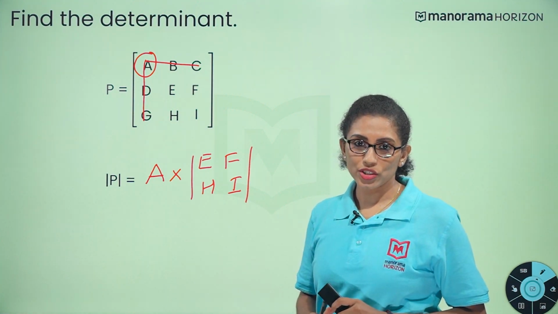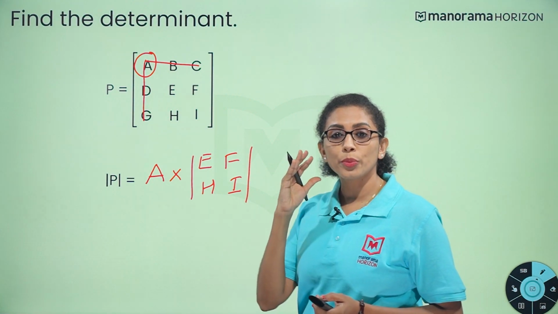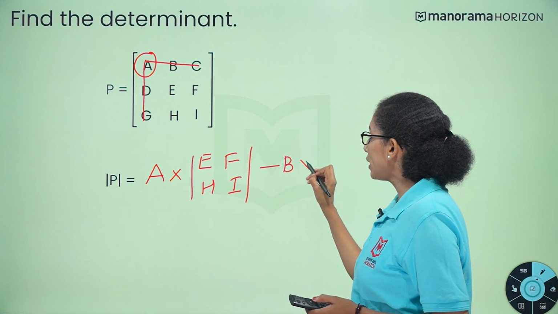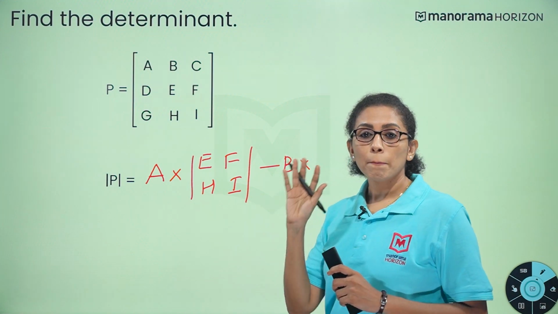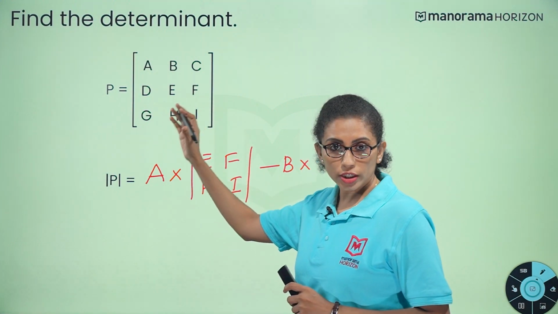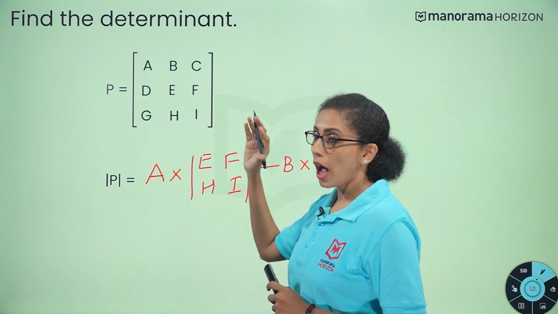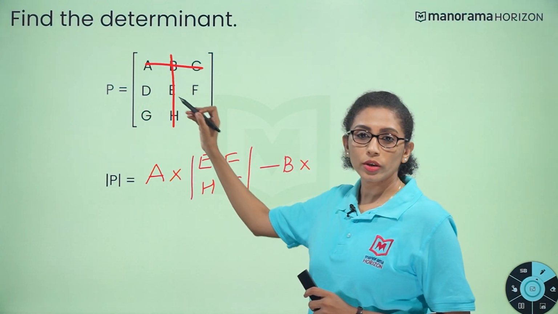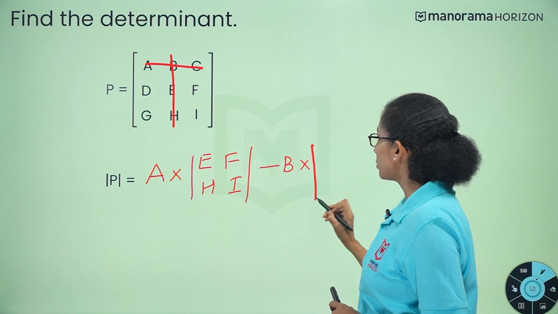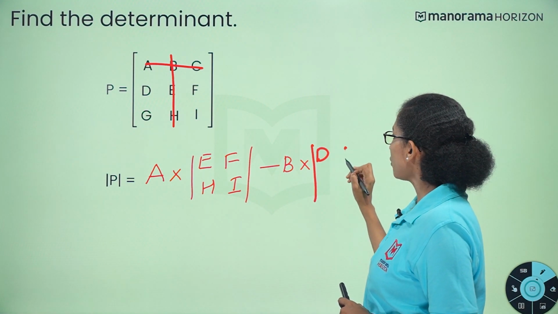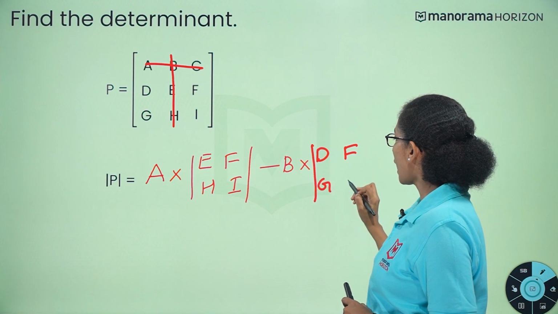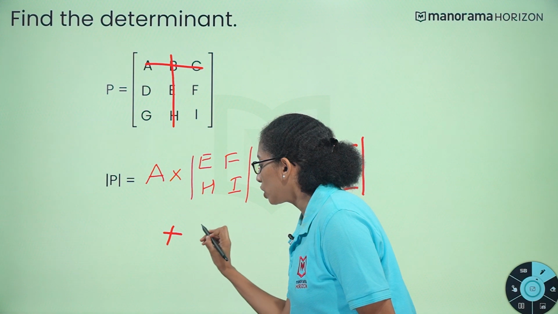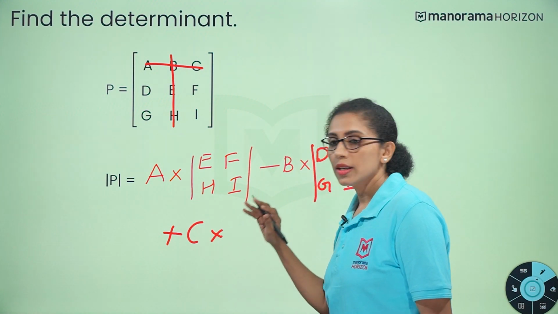Wait, it's not over yet. Then we subtract the product of B, that is B with something. So B will be multiplied with the second order determinant which is obtained after excluding the first row, second column. So what do we get? B into determinant of D, F, G and I. To this, we add the product of C with something.